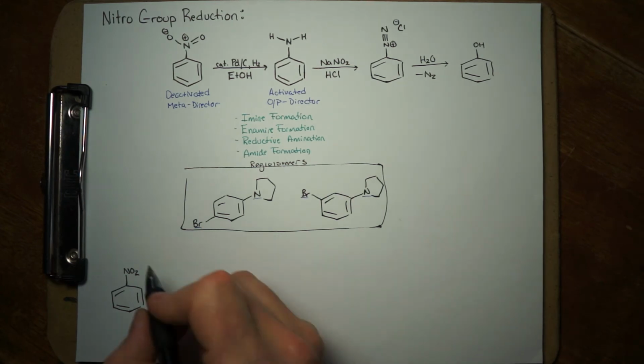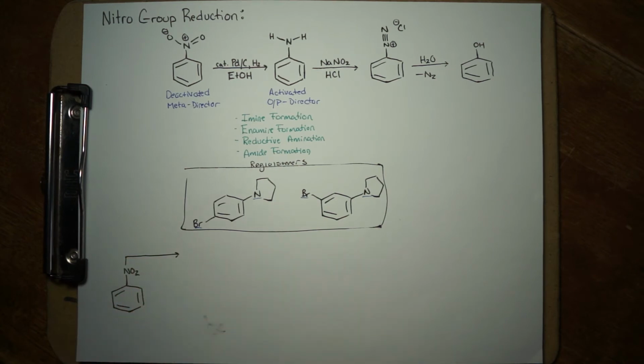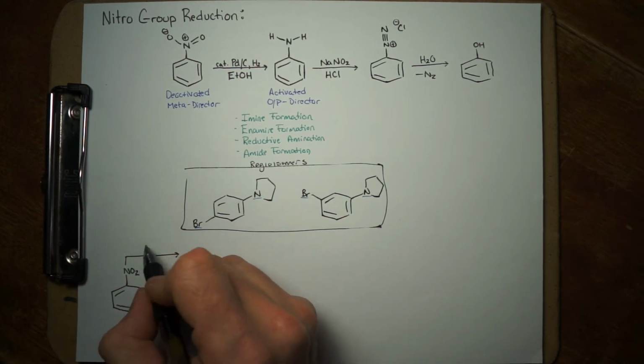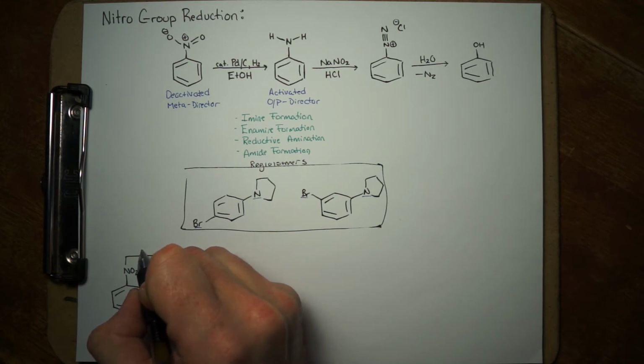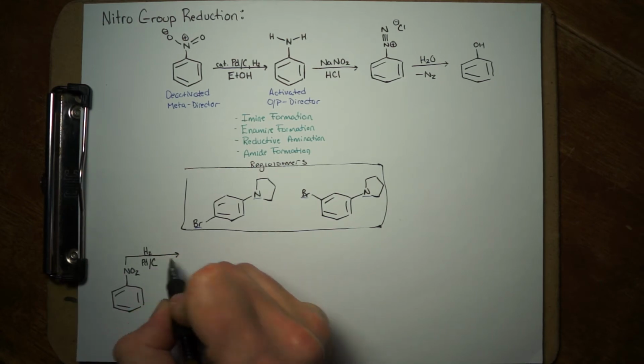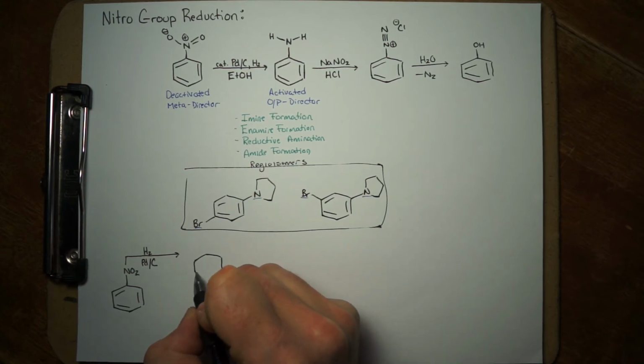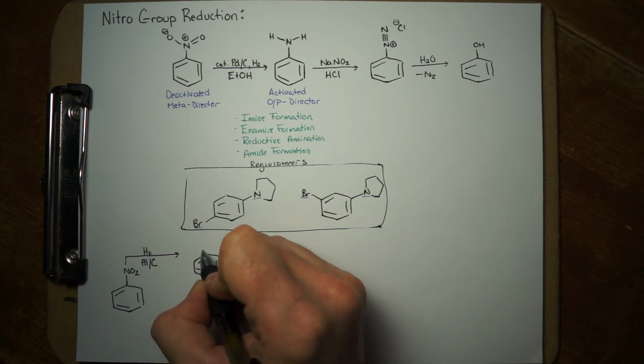All right, so the first step of this synthesis in one direction is going to be direct reduction of that nitro group. So if we reduce it using hydrogen and palladium on carbon, we would form the aniline compound.